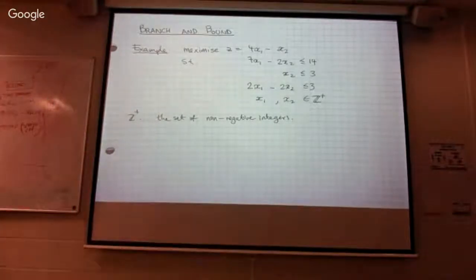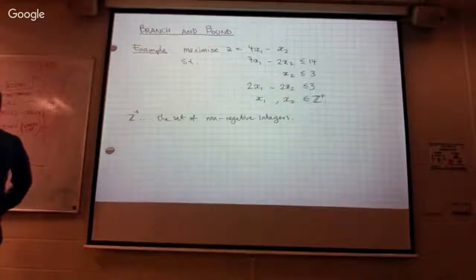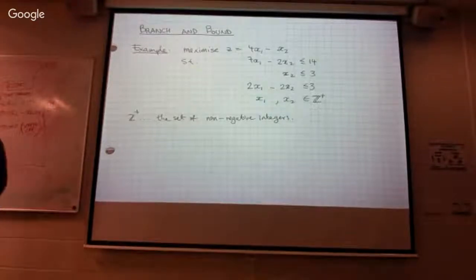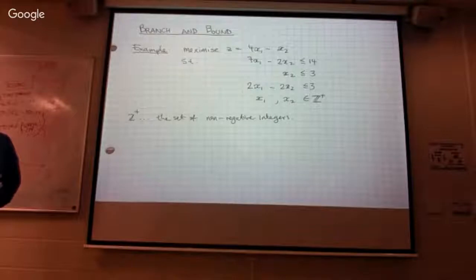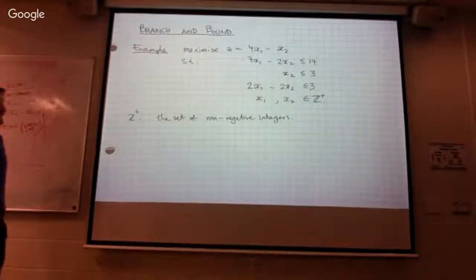Bound is the idea that, if I somehow learn that one of my branches definitely does not contain the optimal solution, then I just ignore it.